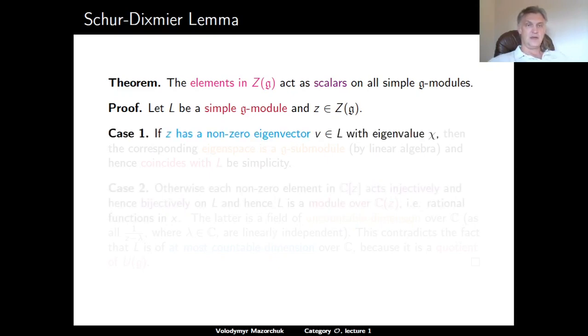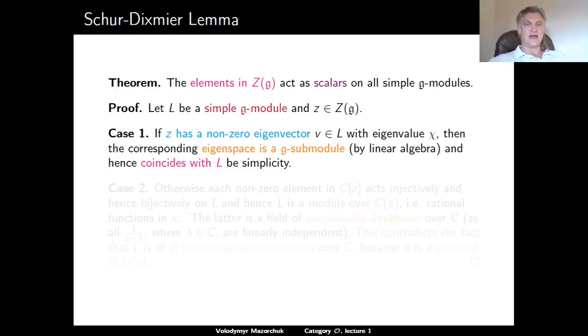Case number one: if z has a non-zero eigenvector in this module corresponding to some eigenvalue chi, then the corresponding eigenspace, the set of all eigenvectors for z with eigenvalue chi, is by the usual linear algebra a submodule of L. This is because z commutes with the action of U(g). Therefore, by simplicity of L, this must coincide with L, which means that z acts on L as the scalar chi.